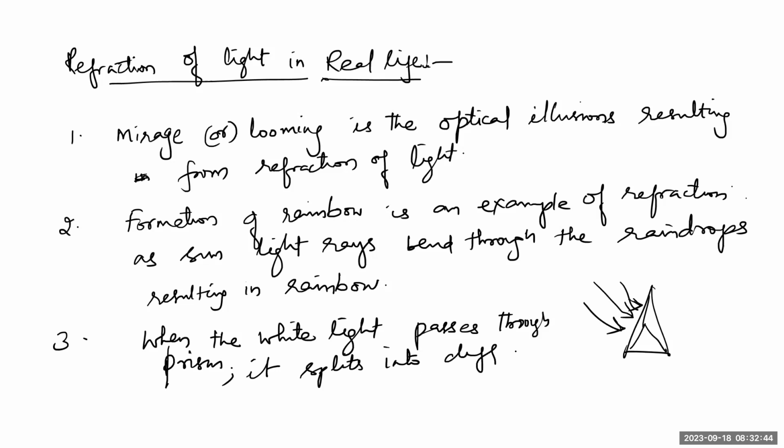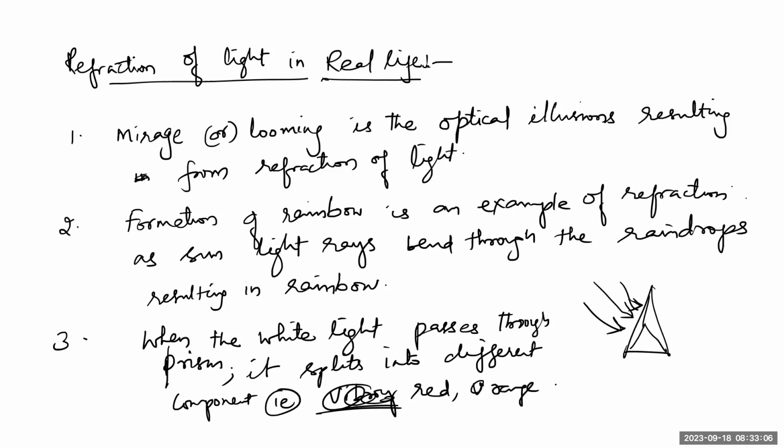Into different components of light. Different components of light means what? I'm talking about the VIBGYOR. I'll write down the colors here: red, orange, yellow, green, blue, and violet.